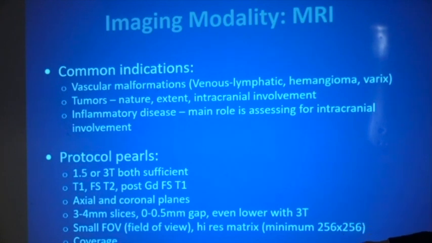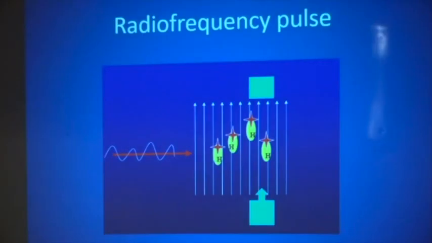For your axial scans you want the orbital roof to the soft palate, and for the coronals, the orbital rim all the way to the colliculi. Sometimes if you don't tell this to the radiologist, they forget, and they will stop the scan in the middle, even if you have a protocol in place. So it is so important to let people know exactly what you want on your scan.